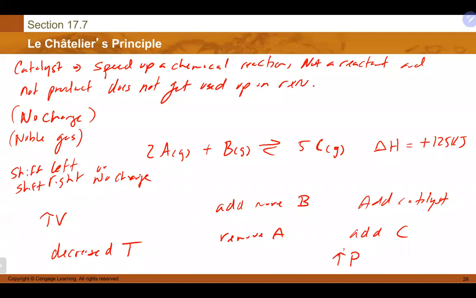All right, so for each of these cases, will we go to the right, go to the left, or will nothing happen?